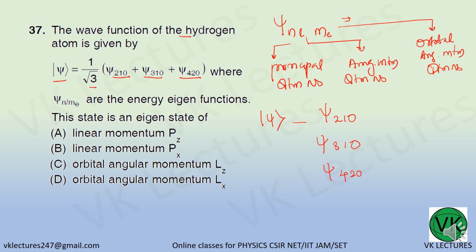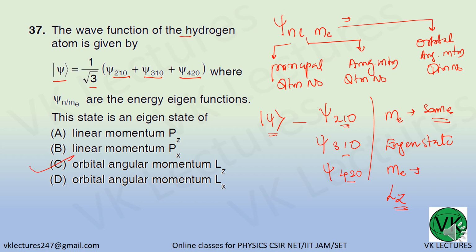Now all the wave functions of which psi is the superposed wave function have the same m_l value, which means all are eigenstates of L_z. And what is m_l? m_l is nothing but the orbital angular momentum quantum number, which is nothing but L_z, orbital angular momentum L_z.